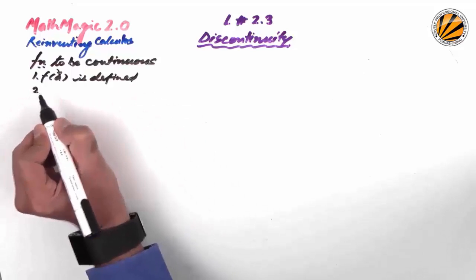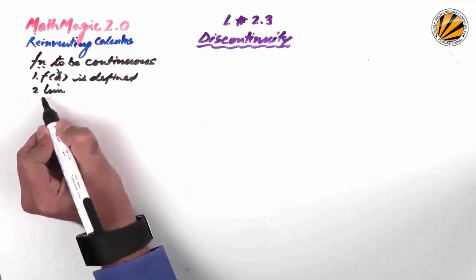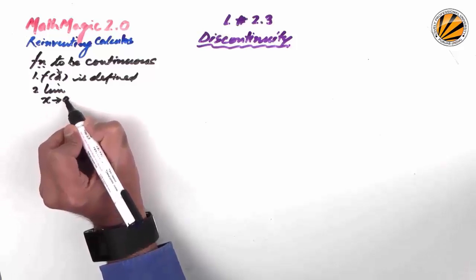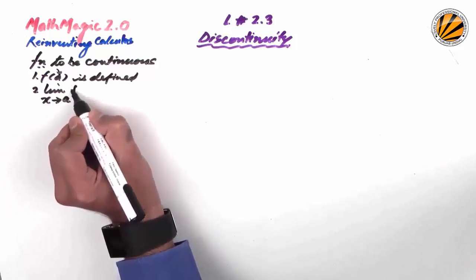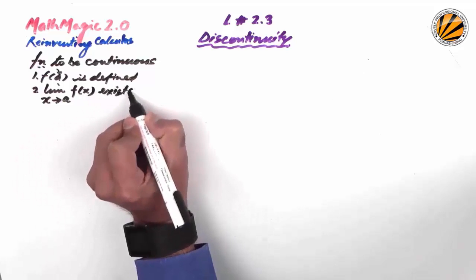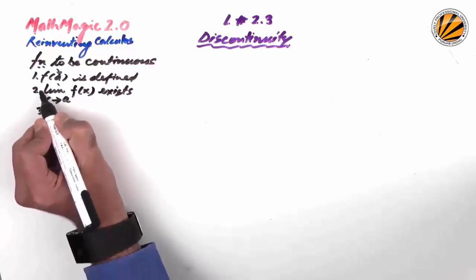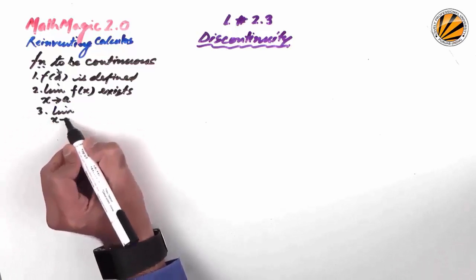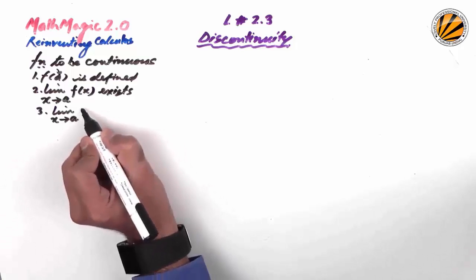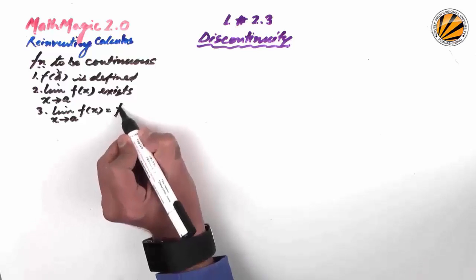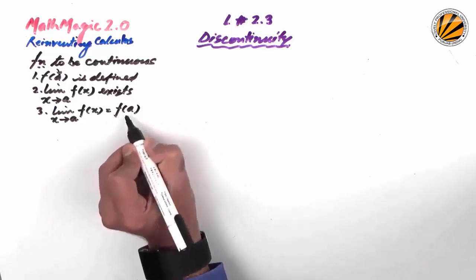The second is that the limit, we all know this word now, when the input x is approaching A for this particular function exists. And the third and most important thing is that the limit when x approaches A for this function is equal to the value of the function at that point A.